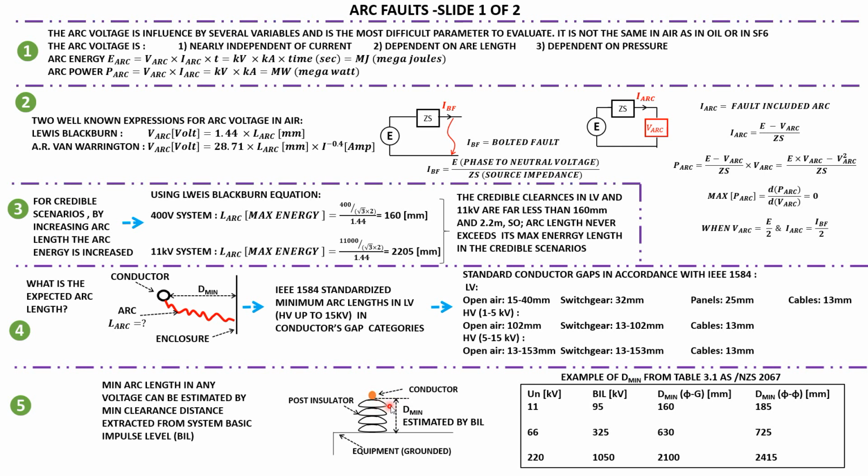This minimum distance between conductor and the enclosure is dictated by the basic impulse level, the BIL. So for example, in 11 kV, if we choose 95 kV BIL, then this distance between phase and ground is 160 millimeter. And you also see the values for 20 kV. Based on the selected BIL, we have some sort of minimum distance between phase to ground and phase to phase.